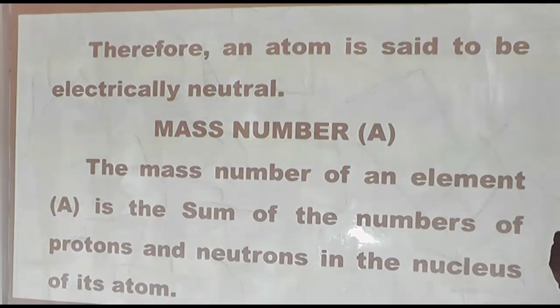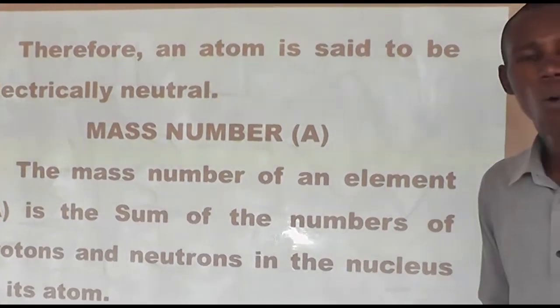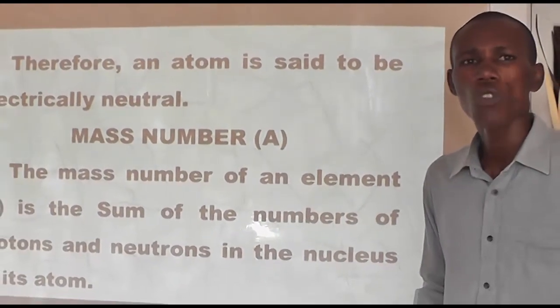Now let's look at the mass number. The mass number is represented by a capital letter A. The mass number of an element, A, is the sum of the number of protons and neutrons. Now we know what is a proton, and we know what is a neutron.